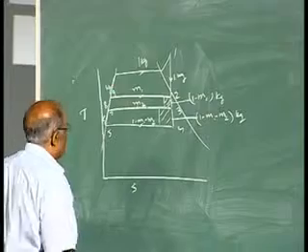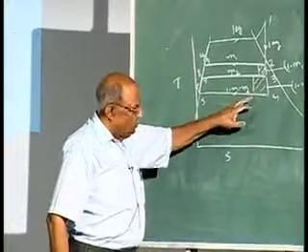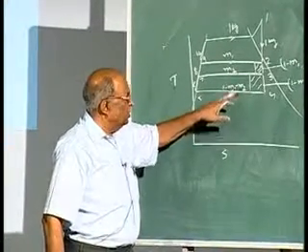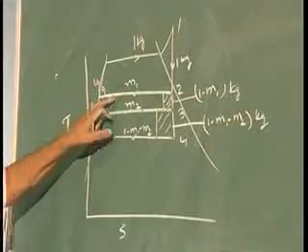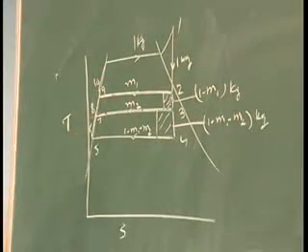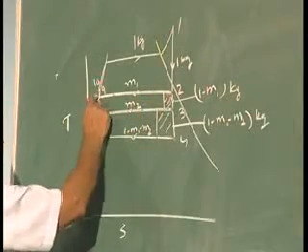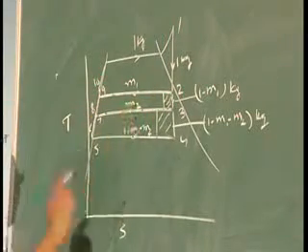Now, the diagram, that is the TS diagram, is for 1 kg of steam, and out of this M1 kg goes here, M2 kg goes here, but the enthalpies given here are for 1 kg.